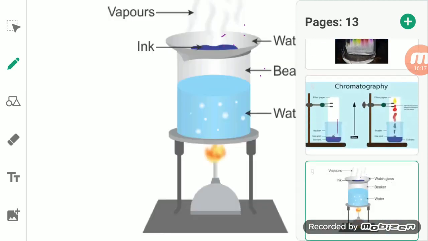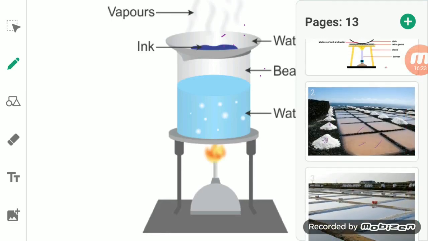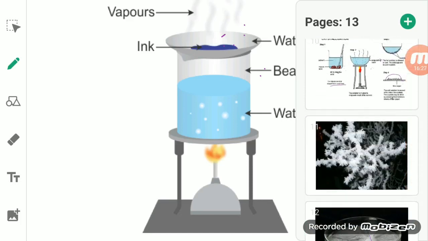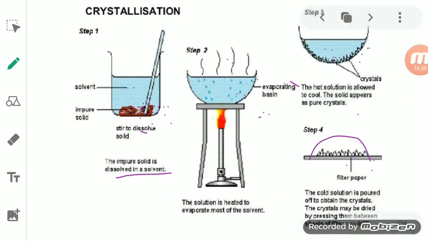So is there any method by which we can obtain the crystal form of a substance? Yes, by taking the help of a copper sulfate solution. If impure copper sulfate is present in a solution, we can do the process of crystallization.